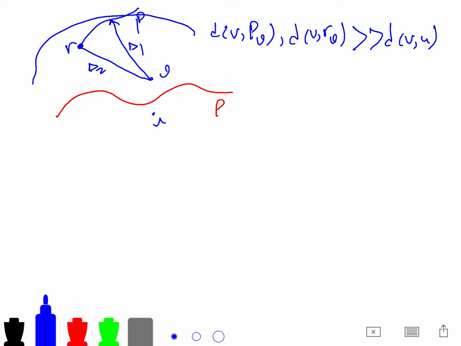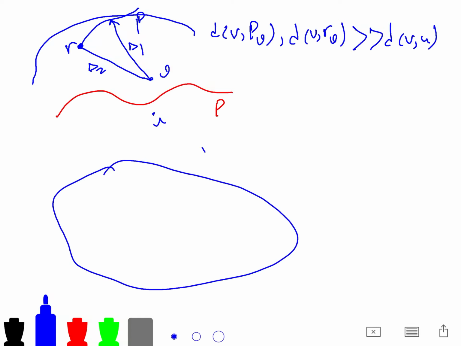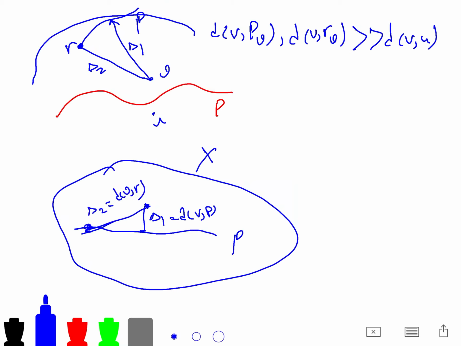If this is the boundary, for example, this is x, this is p, this is your point, and this is delta 1, which is d of v and path, and delta 2, which is d of v and your root here.